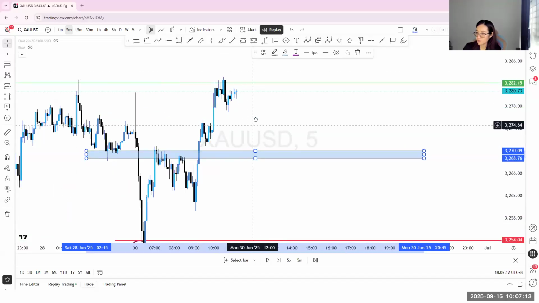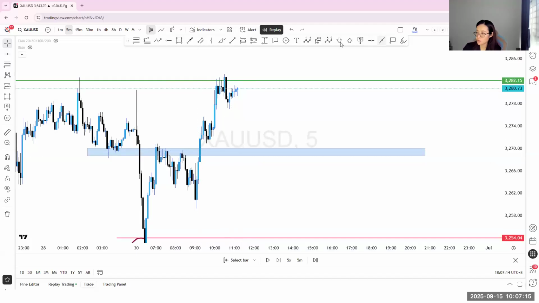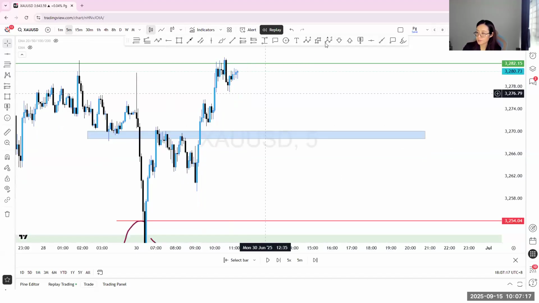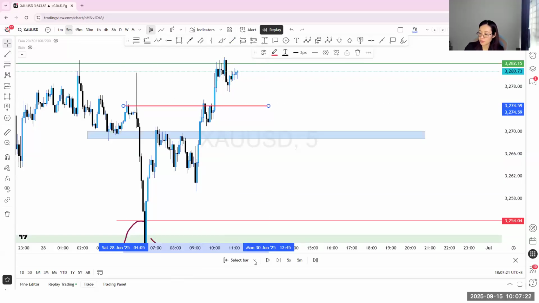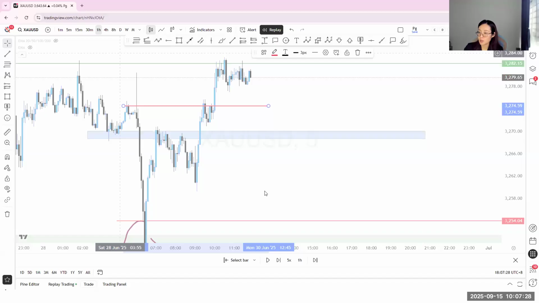Okay, closing with a valid gap. Okay, I'm going to monitor, or maybe see whether it's going to react or close below. Because now I'm going to look for the buy entry based on the H4 time frame. Okay, now I want to go to H1.